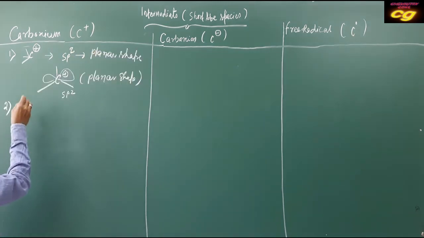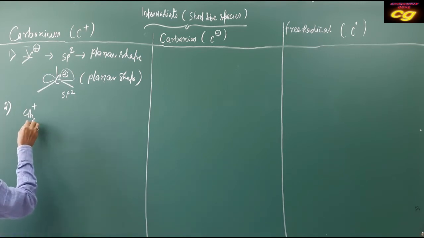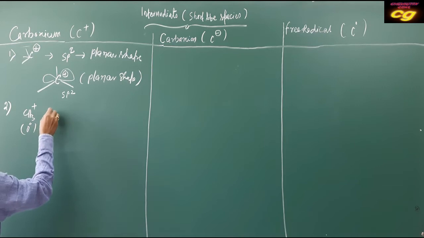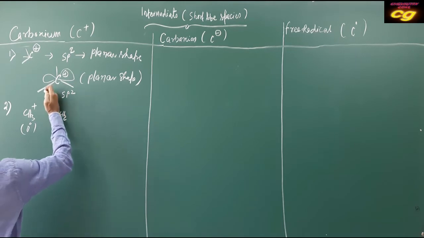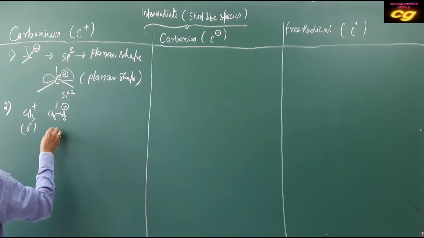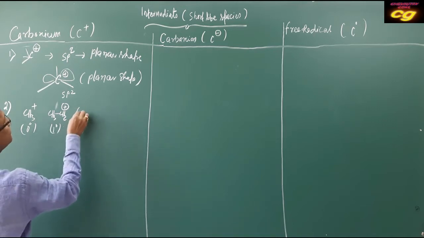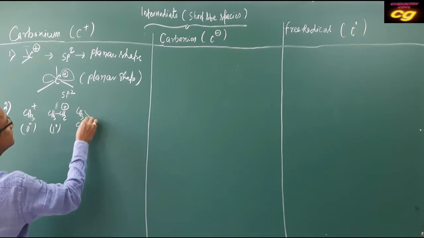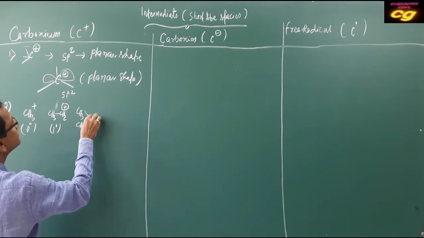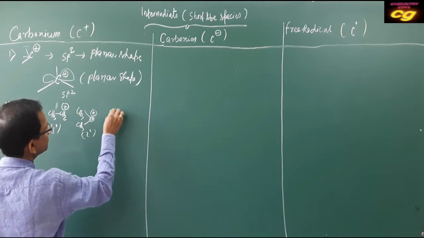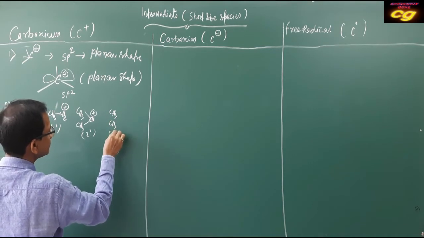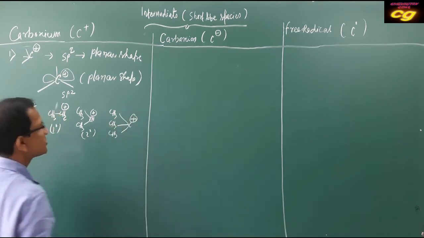Types: generally carbonium ions are of 3 types, that is methyl carbocation, then primary carbocation, secondary carbocation, and tertiary carbocation.